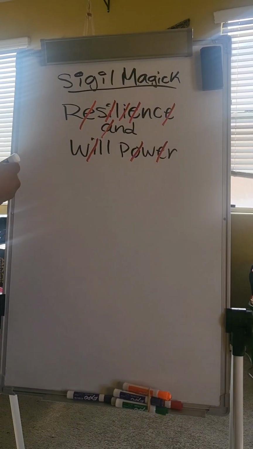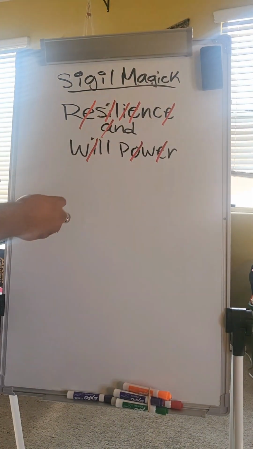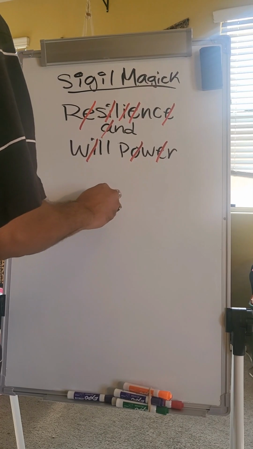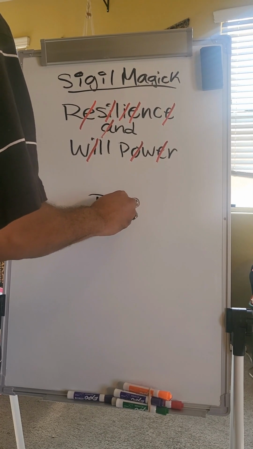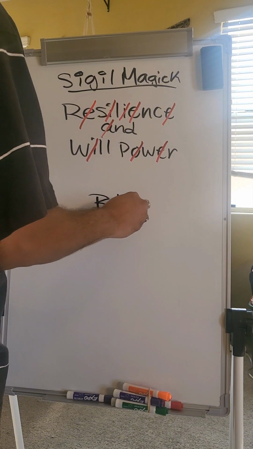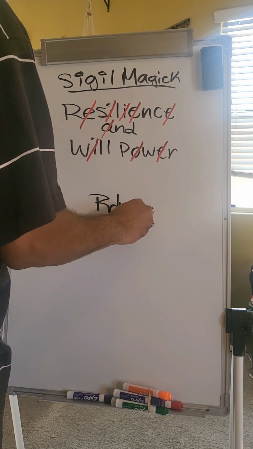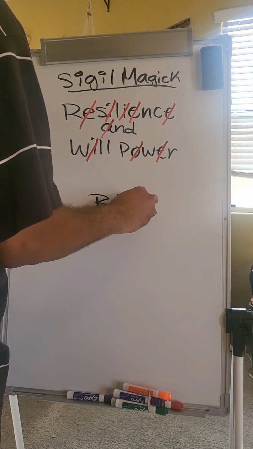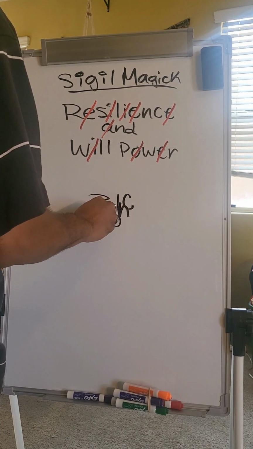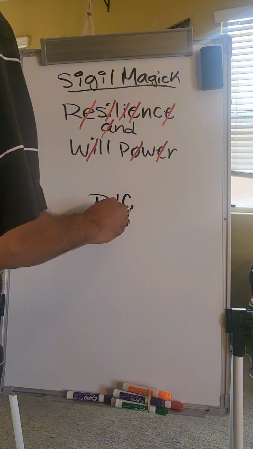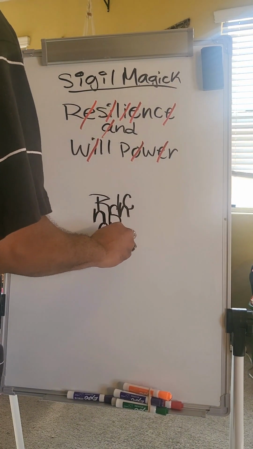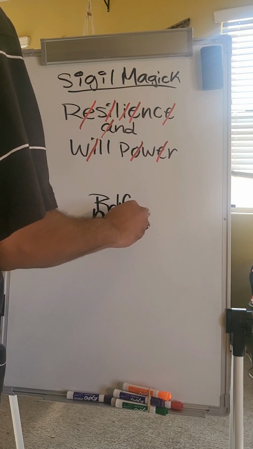Now we're going to take all of those letters that are left, right? And we're going to take them and create a combination of them together, right? We're going to combine all these letters together, okay?